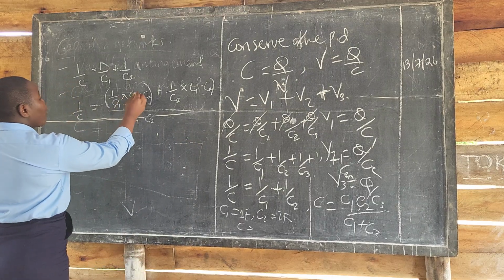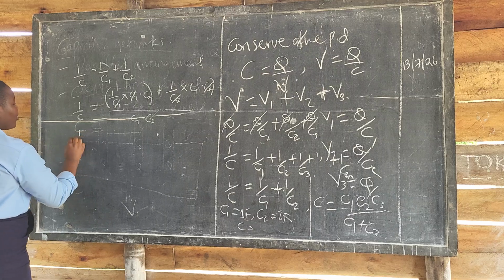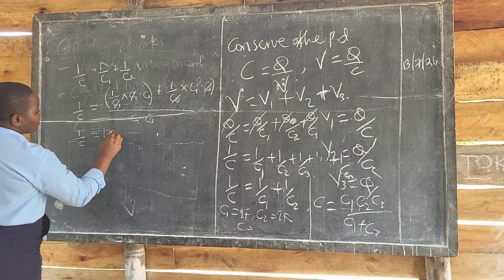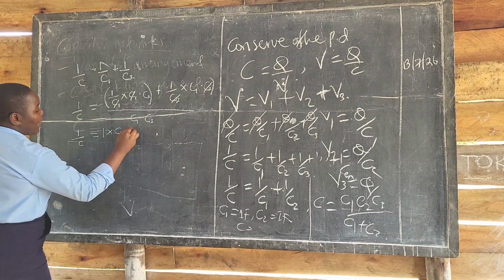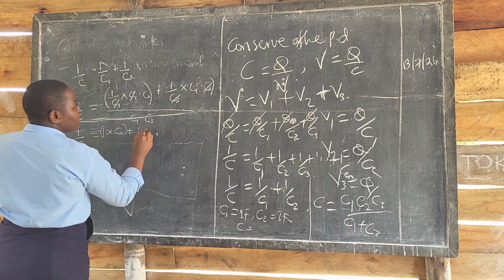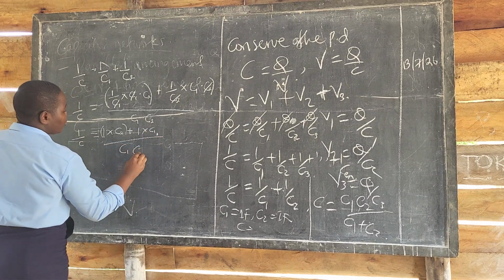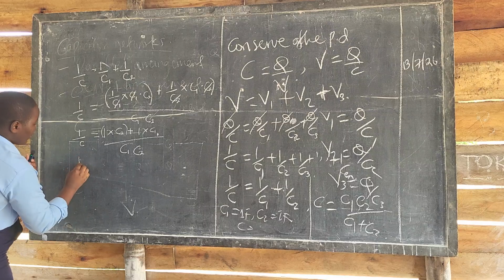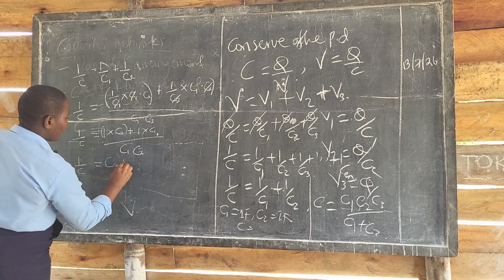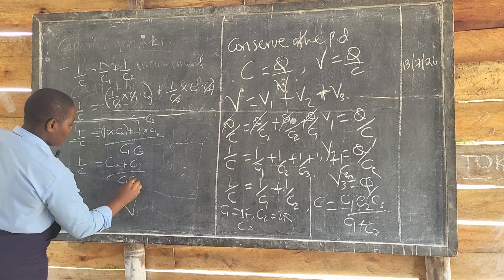Then this C1 will go with this one, and this will move with this one. We shall remain with 1 out of C, which is equal to 1 times C2 plus 1 times C1 out of C1 C2. It is 1 out of C is equal to C2 plus C1 out of C1 C2.